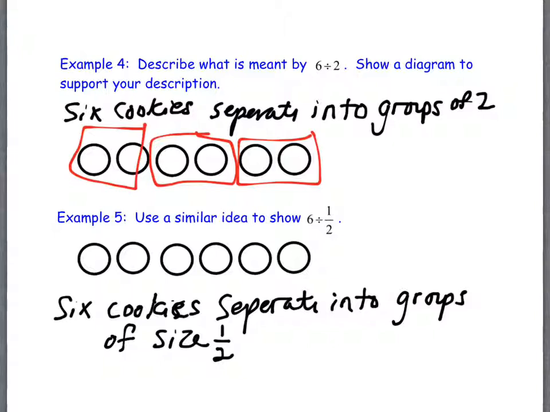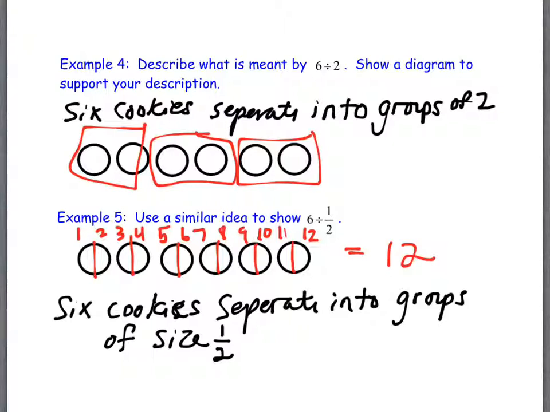And so just like you guys said, that means I'm going to split all my cookies into 2 pieces of a cookie. And now if you count, I have 1, 2, 3, 4, 5, 6, 7, 8, 9, 10, 11, 12. I have 12 halves of cookies.